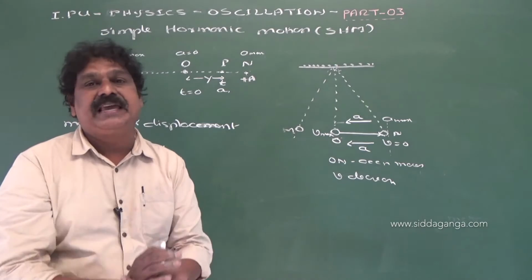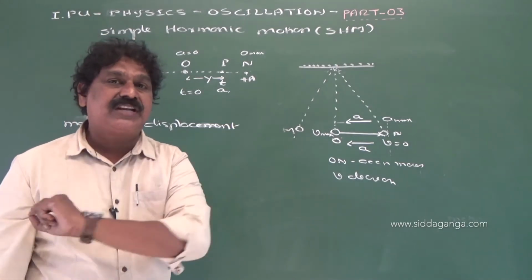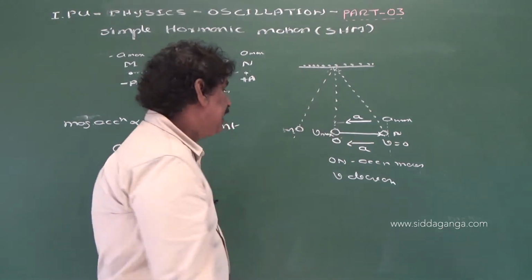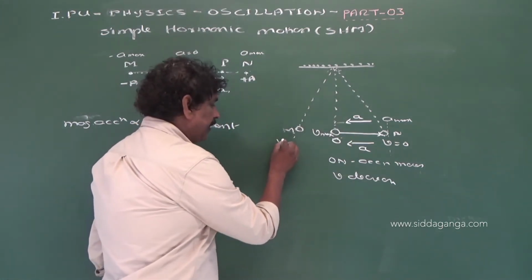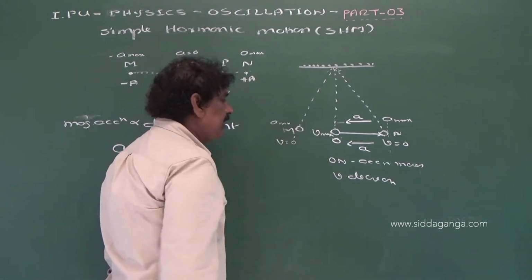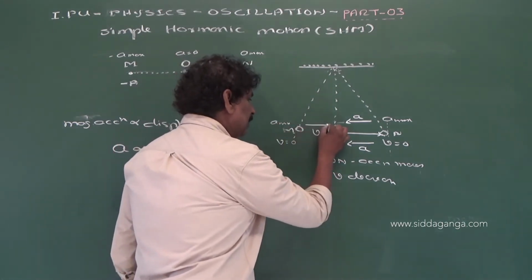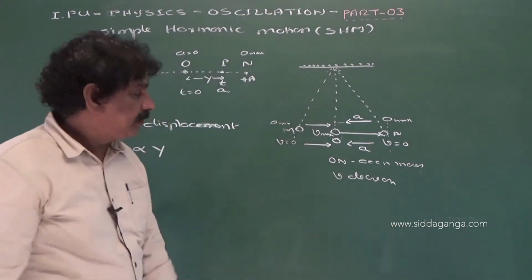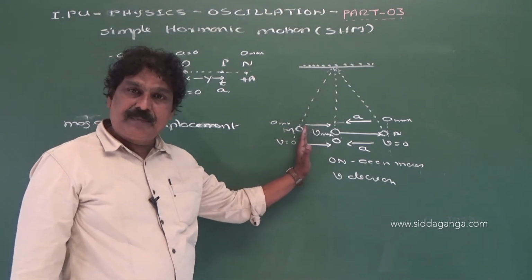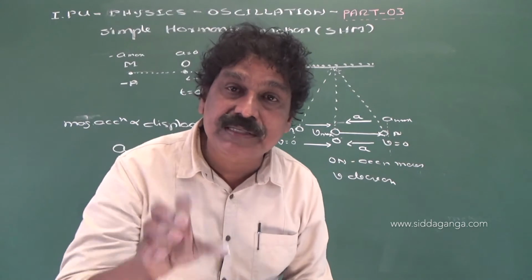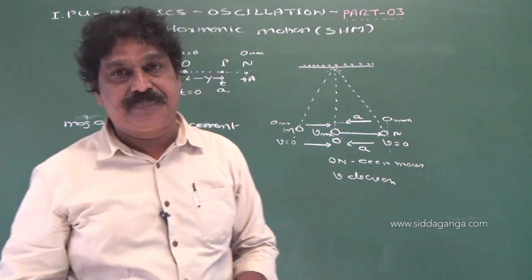In both these cases the direction of acceleration is always towards the mean point. Here also velocity is equal to 0, acceleration is maximum. That means here also the direction of acceleration of the particle is always towards the mean position.